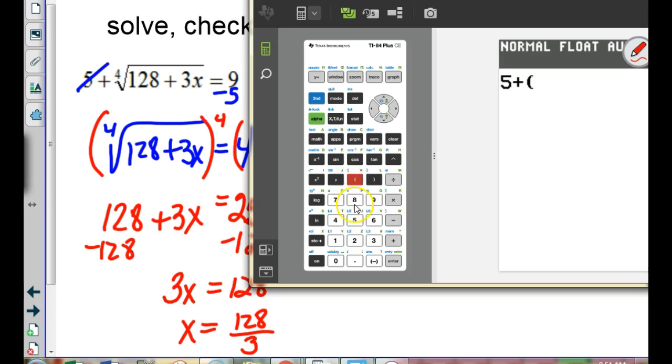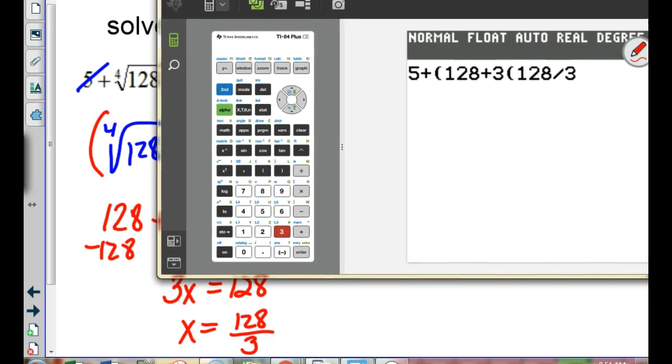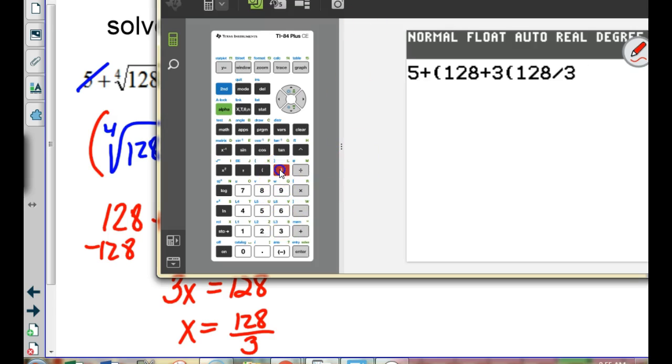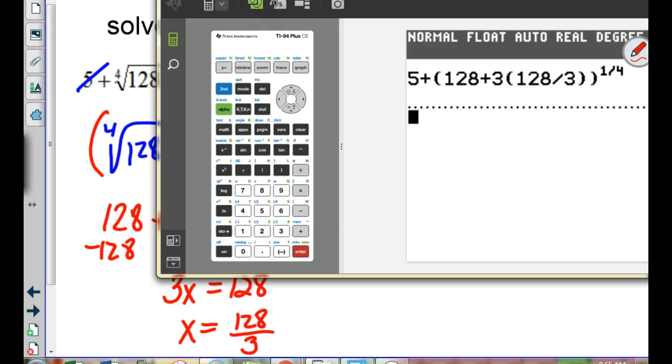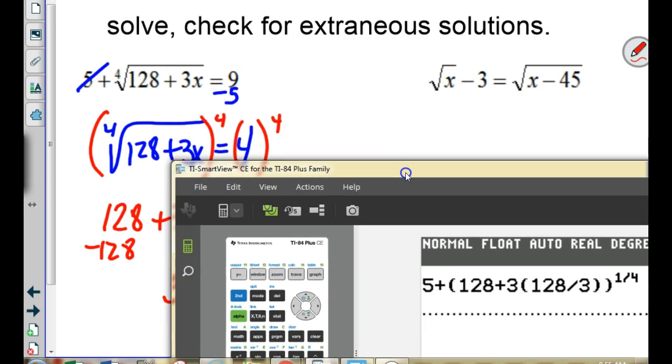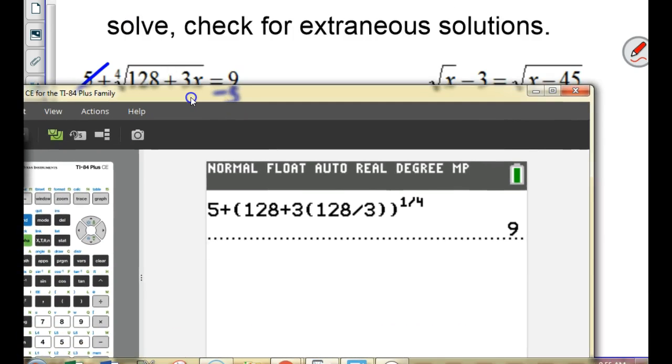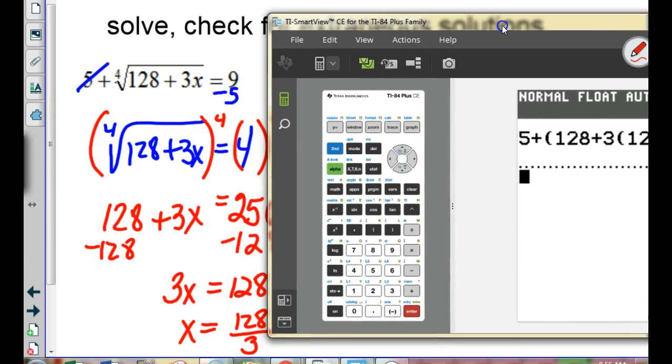So I'm going to put parenthesis 128 plus 3 times, and then I'm trying to check if this works. So I'm going to put in parenthesis 128 over 3 for my x. Close both parentheses and then say to the 1/4 power. And I got 9. Is that what we had? Okay. The thing is, it's not going to work if you put it in as a decimal approximation.